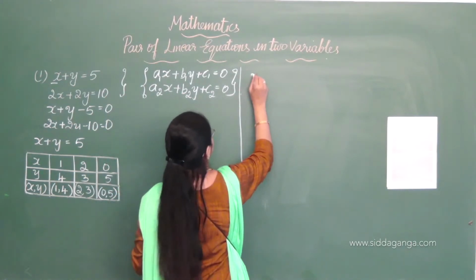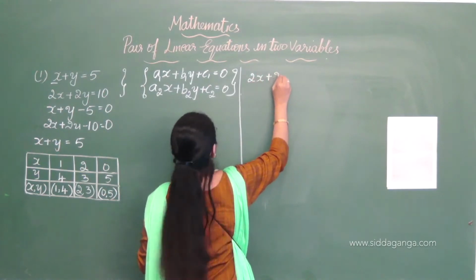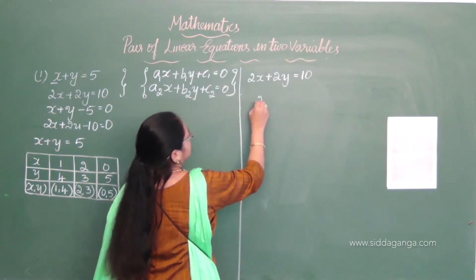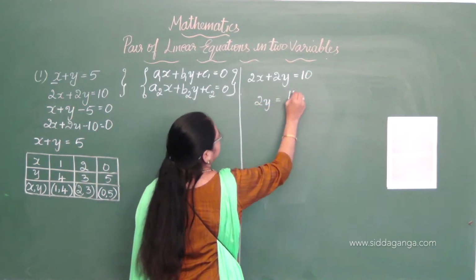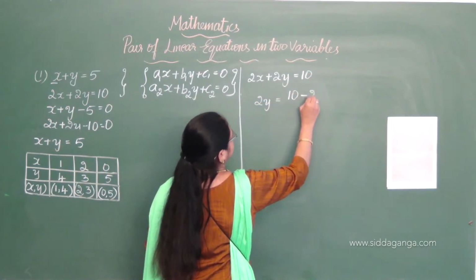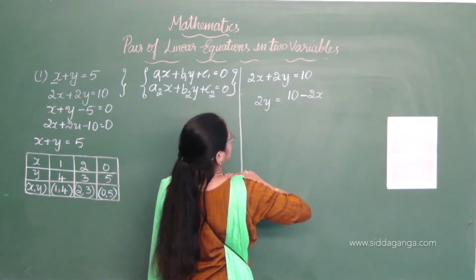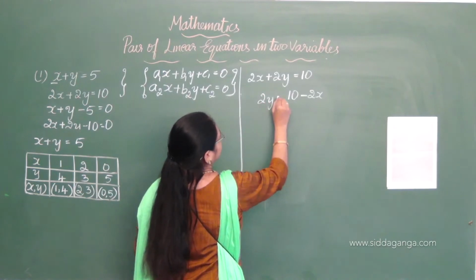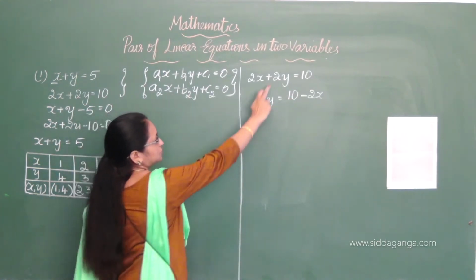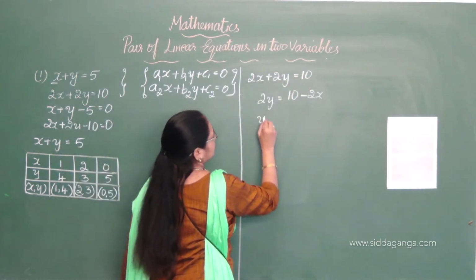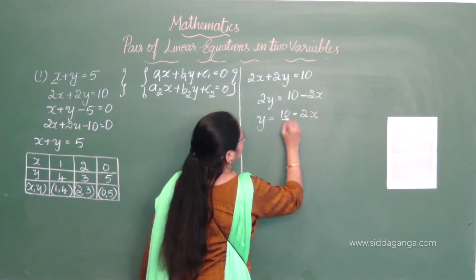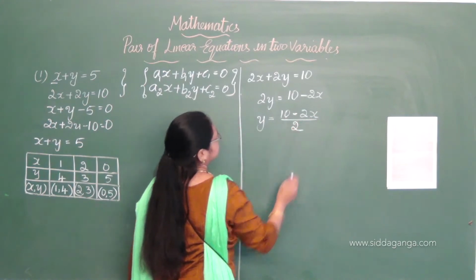For the second equation we have 2x plus 2y is equal to 10. Now, 2y is equal to 10 minus 2x. Now, y is equal to 10 minus 2x divided by 2.